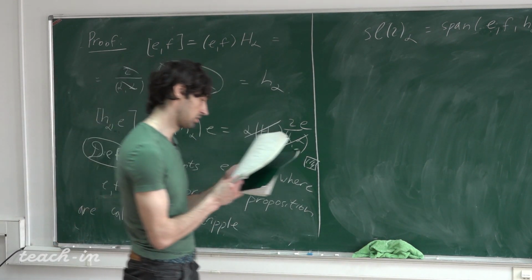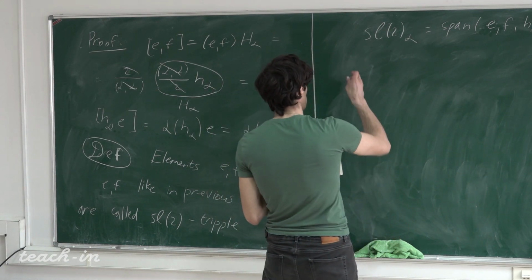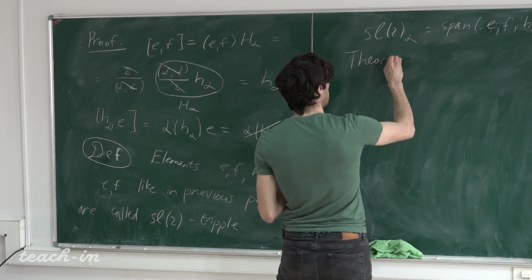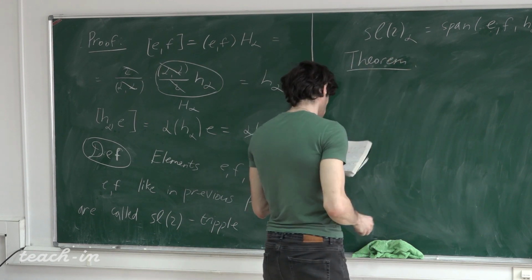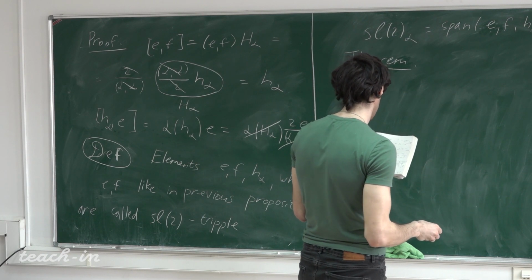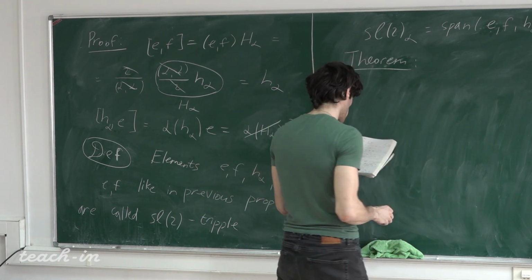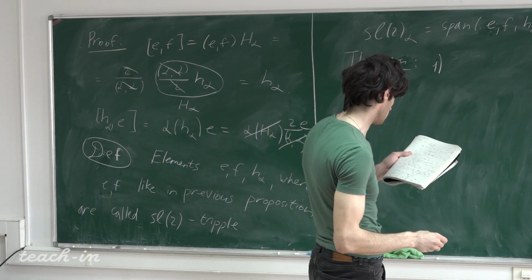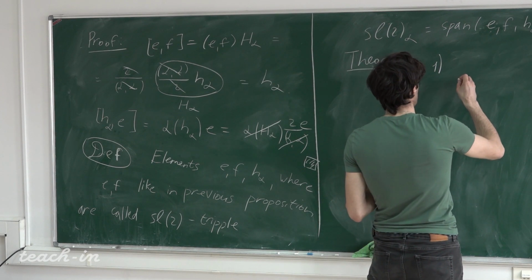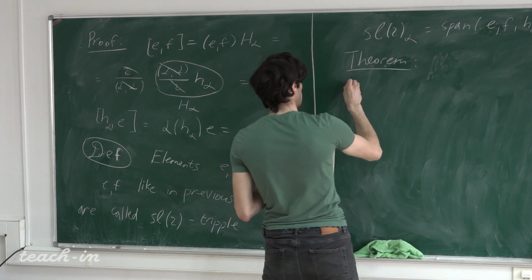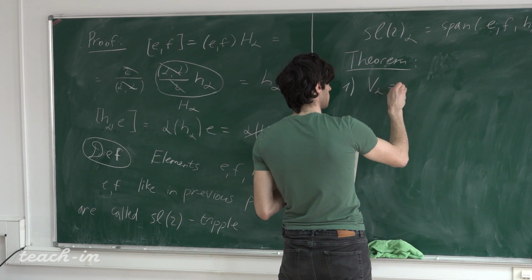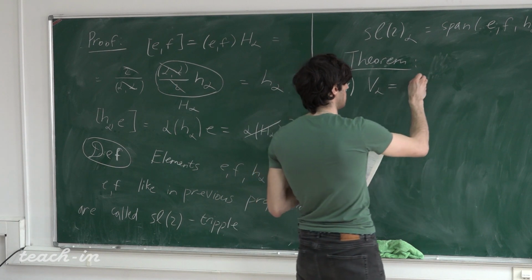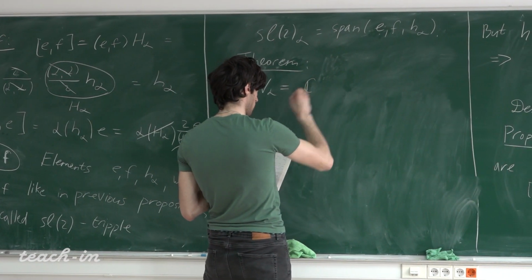Let's call it a theorem. It has four parts. First of all, V alpha is the following vector subspace of g.